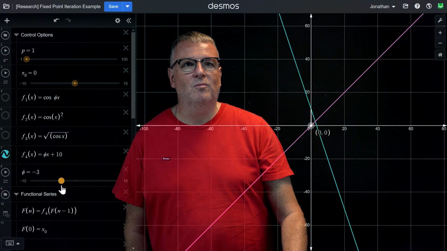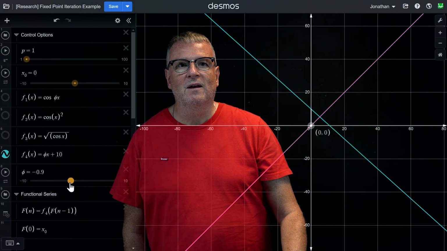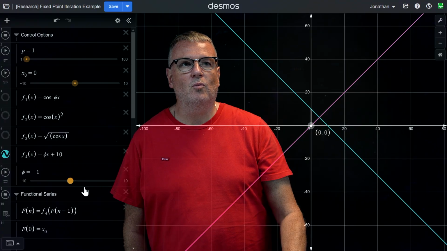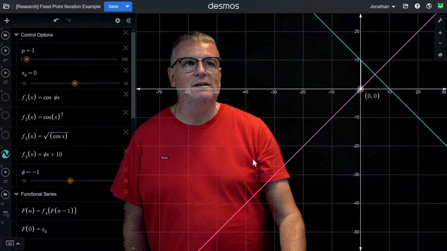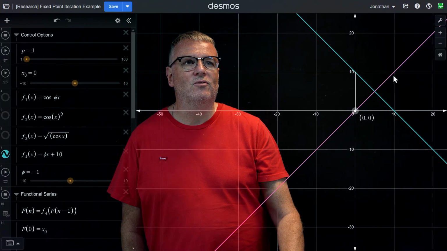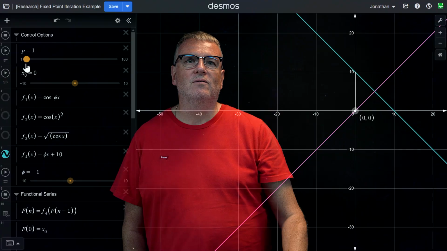One of the things that's particularly interesting is if I set this slope to -1, what this means is, zoom in again, these cross at right angles. They're straight lines and they cross at right angles.